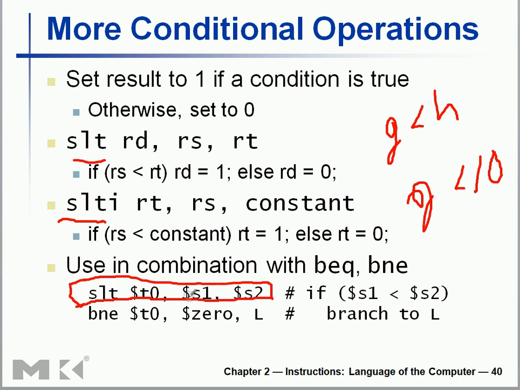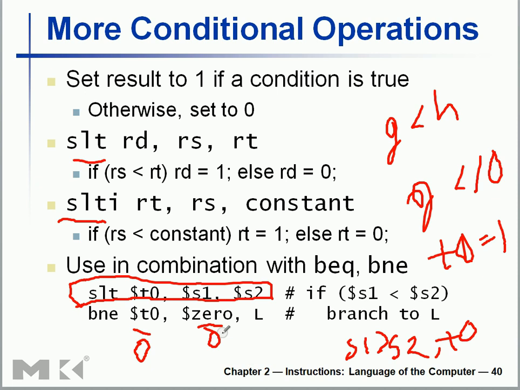If S1 is less than S2, T0 will be 1. And now you're checking if T0 and 0 are equal. T0 will be 0 if they are not less than. That means if S1 is greater than S2, then T0 will be 0. And that is when you will exit the loop using L or exit, whatever.